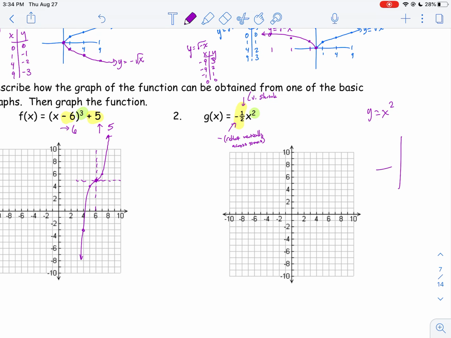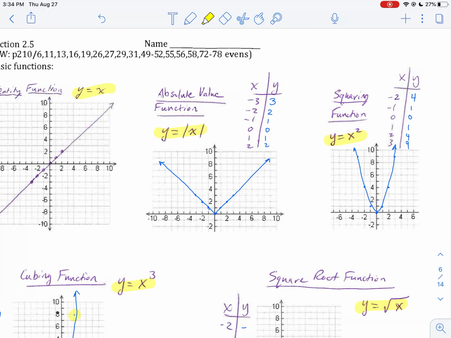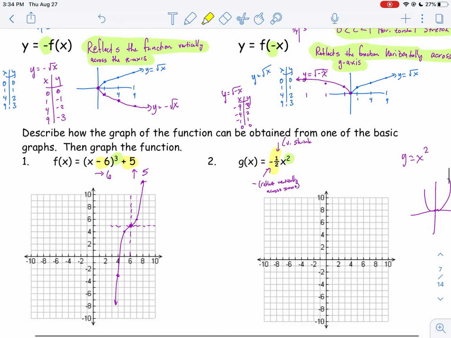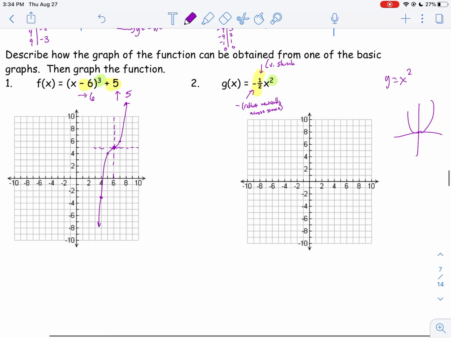So here we go. Normally, a parabola looks like this. And again, let's look at some of these points on this. See it? 0, 0, over 1, up 1 in both directions, over 2, up 2 squared, or 4 in both directions. Alright, so down here we go, still 0, 0.